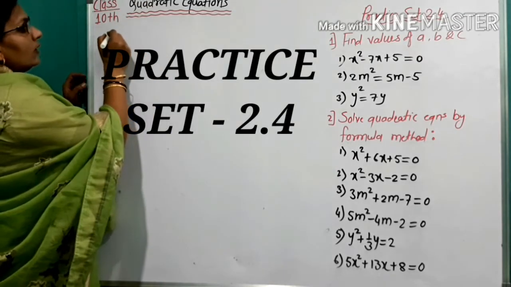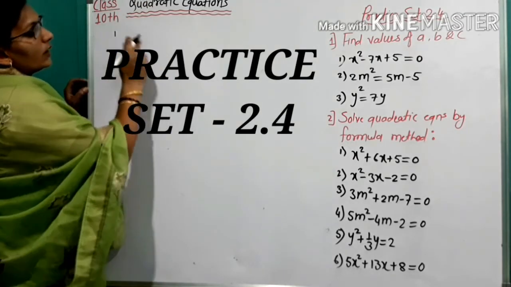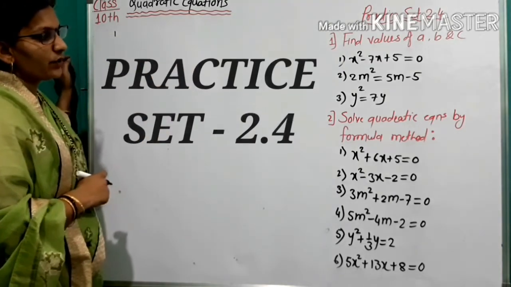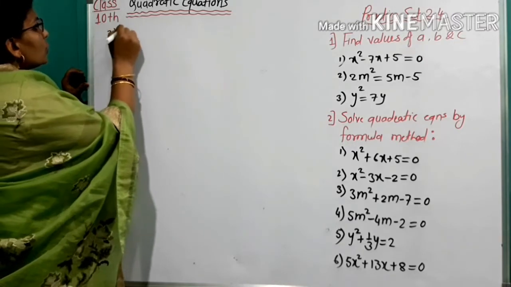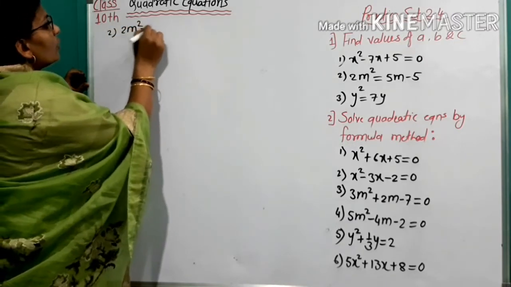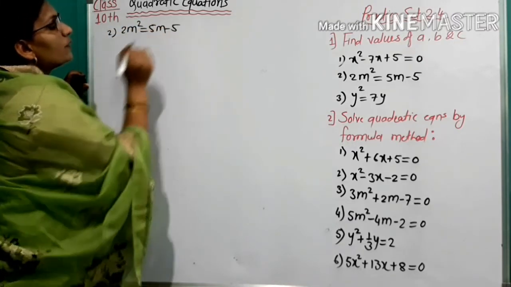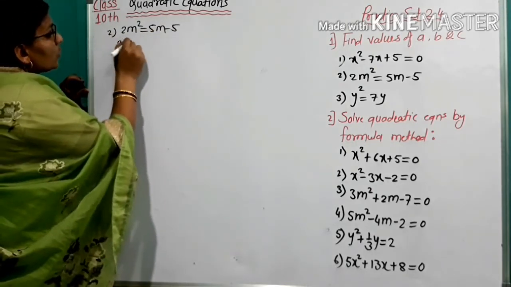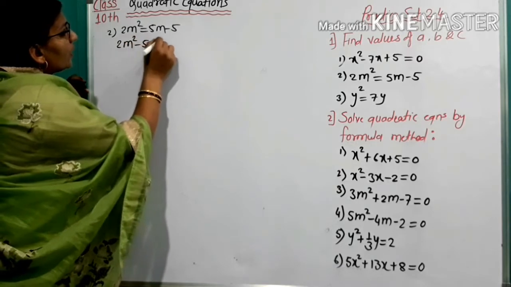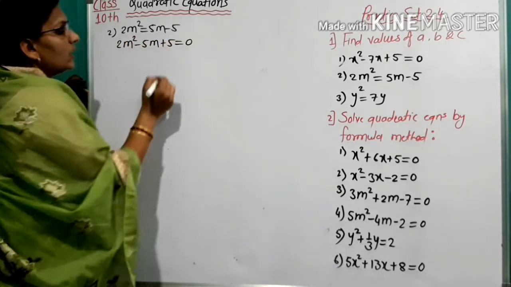Question number 1, here given x square minus 7x plus 5 equal to 0. Here I saw example number 2, that is 2m square equal to 5m minus 5. Take all terms towards the LHS, that is 2m square minus 5m plus 5 equal to 0.